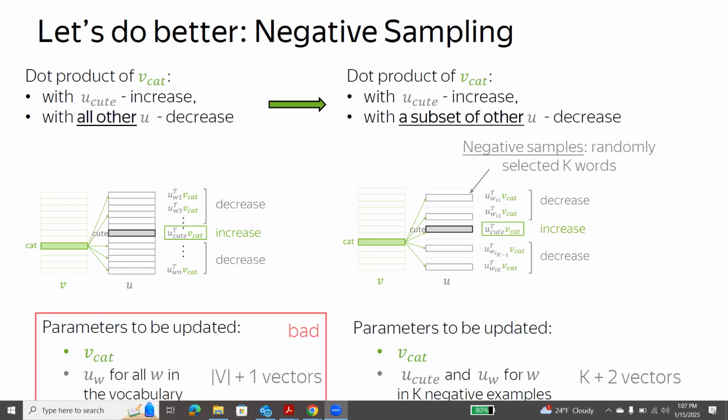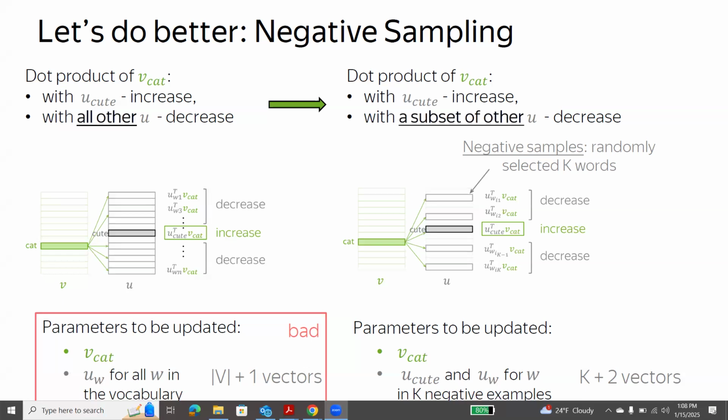And why is it so? First of all, it will be very efficient, because if we don't use this trick, then it will be as time-consuming as count-based methods. So that's why this model actually became popular, because of the efficient training.